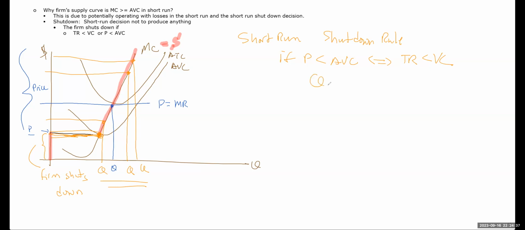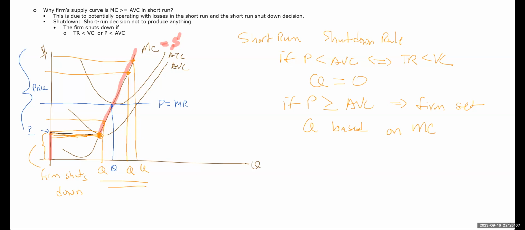Quantity produced by the firm is equal to 0. They will shut down. If price is greater than or equal to average variable cost, then the firm sets Q based on the marginal cost curve.